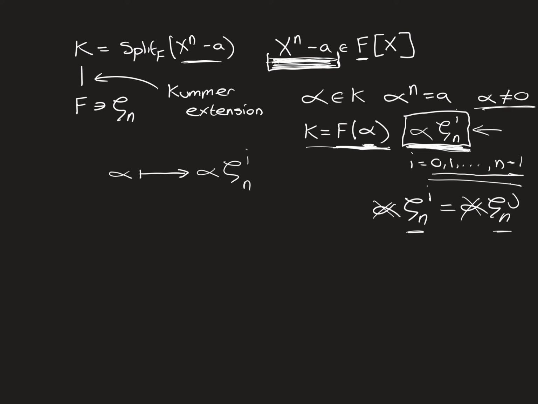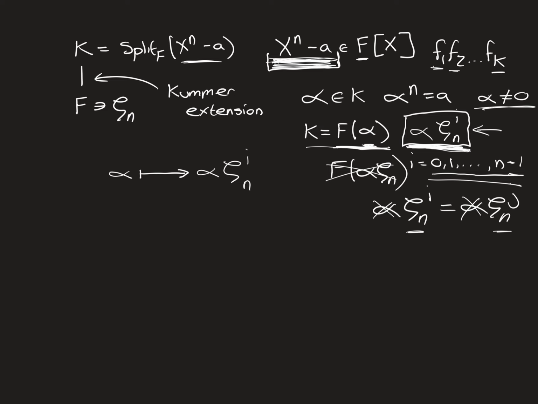So if it's split into f1 times f2 all the way up to fk, these are its irreducible factors, then some of them will be roots of f1, some of them will be roots of f2, some of them will be roots of fk, etc. So not all of them are going to have the same minimal polynomial, and therefore there's not going to be the isomorphism that there was before. We can't conclude that F adjoin alpha is necessarily isomorphic to F adjoin alpha zeta n the way we could before, when we knew they all had the same minimal polynomial. So we can't say that all of these are necessarily automorphisms anymore.